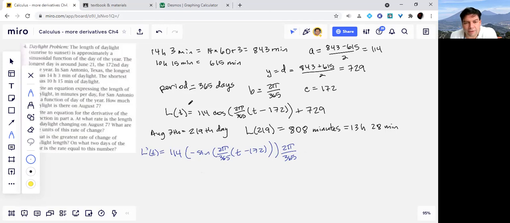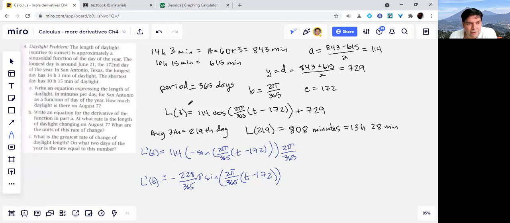So L prime of t is negative 228 divided by 365 pi sine of 2 pi over 365 times t minus 172. That looks like 1.72, but it's 172. So I got the derivative.